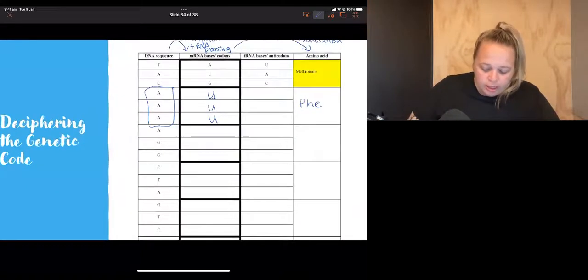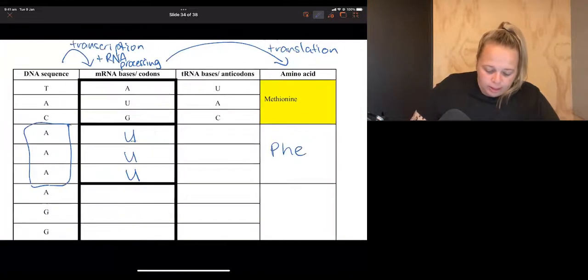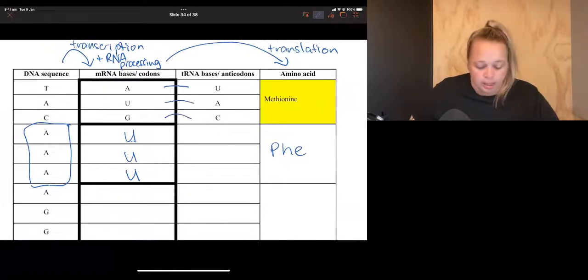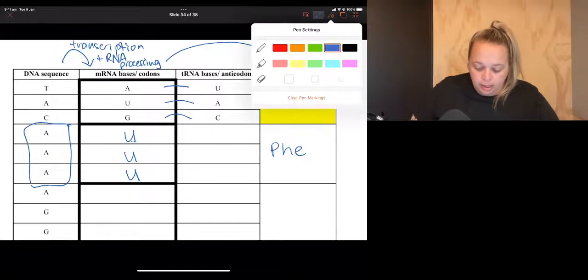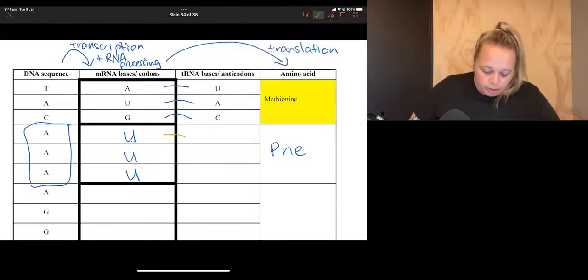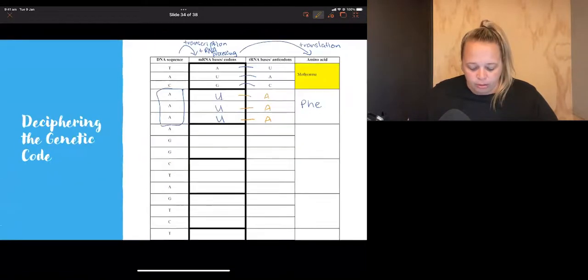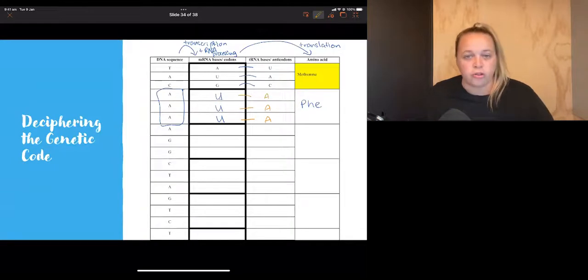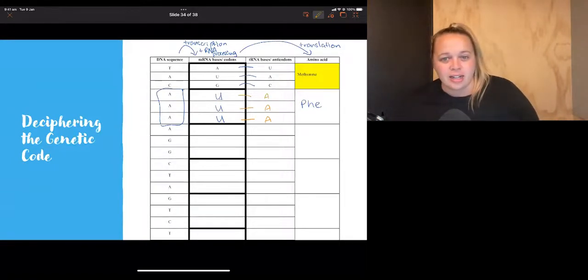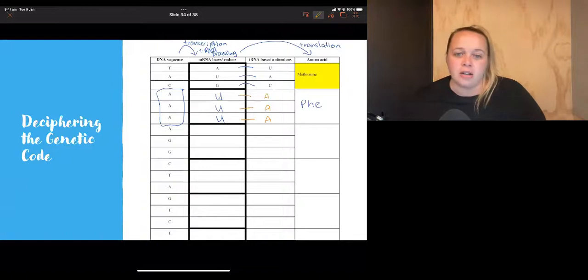So you can see here in this first one over here, A is complementary to U. Yeah, U is complementary to A and G is complementary to C. So when we're going back to figure out our tRNA bases in this second codon, U is complementary to A. Okay, so you should be able to work down this table now and figure out whether or not you can transcribe and then translate everything using the genetic code.